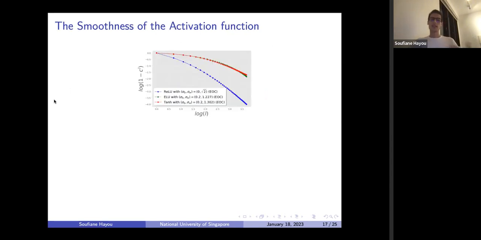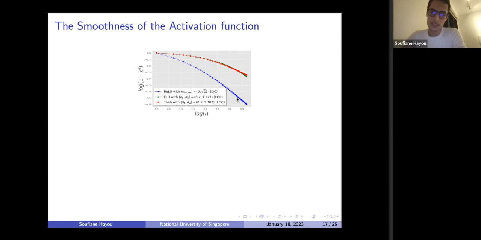Now let's go a little bit further to understand the role of the activation function. Here I'm showing you the graph of log of 1 minus the correlation. We said that the correlation converges to 1 even with edge of chaos initialization, but it converges at a polynomial rate.